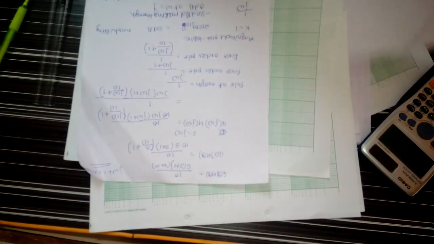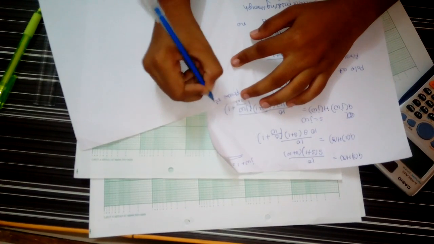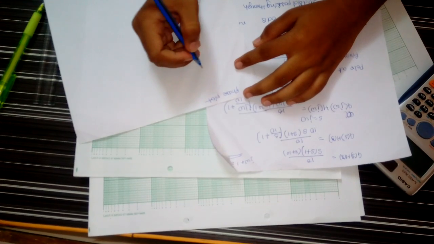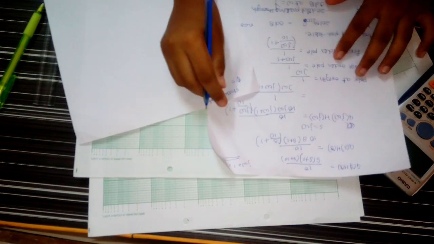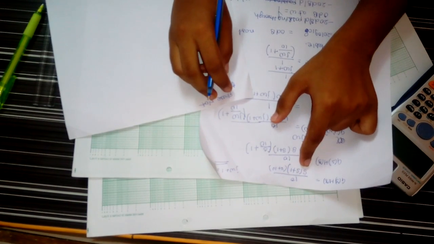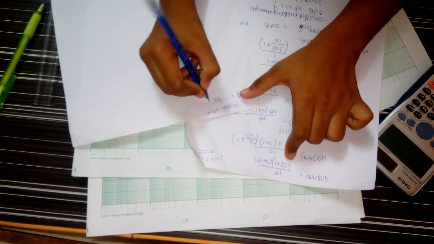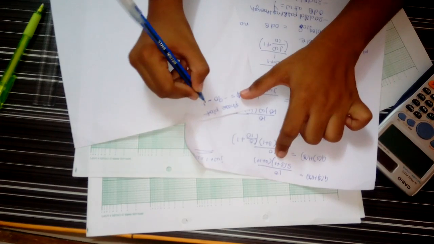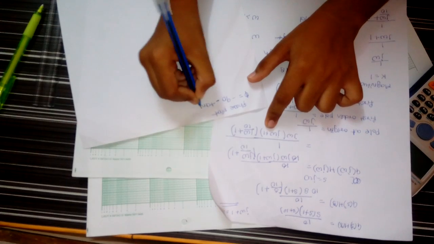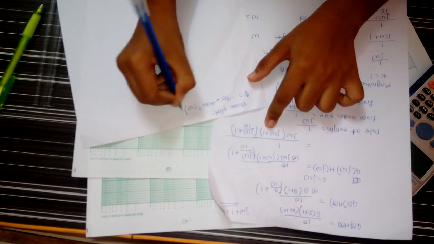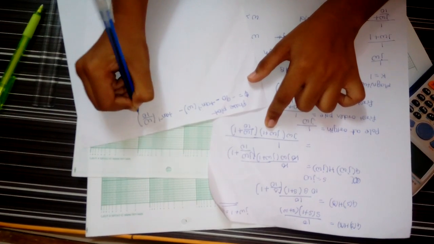Now let's do the phase plot. For the phase plot, phi equals, first write the equation. Here it is s, only s, so we will take minus 90, minus tan inverse of omega, minus tan inverse of omega by 10.